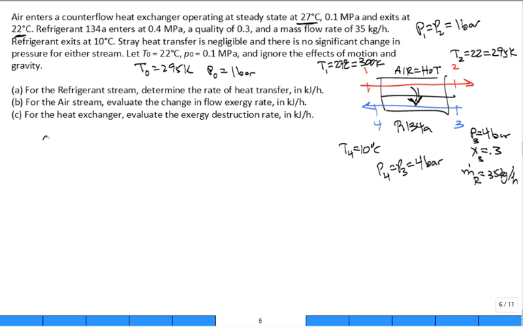Q dot out of the hot is equal to Q dot into the cold, or just call it Q dot. How are we going to solve for Q dot into the cold refrigerant stream?